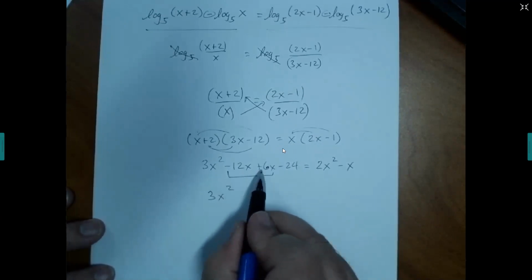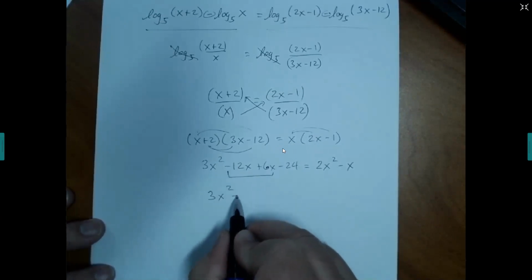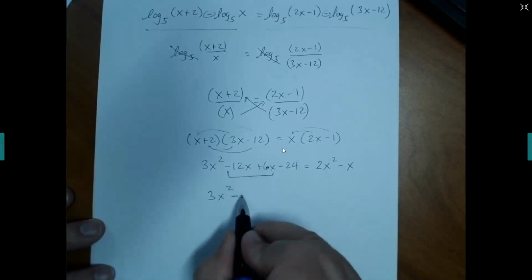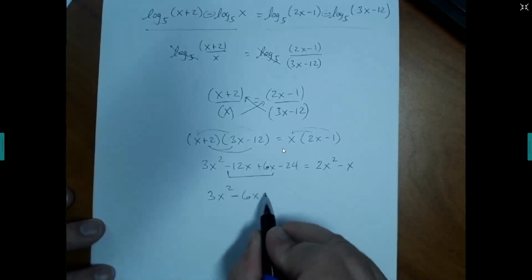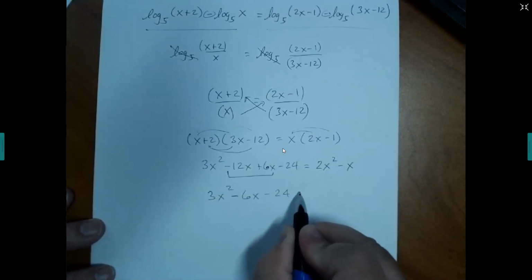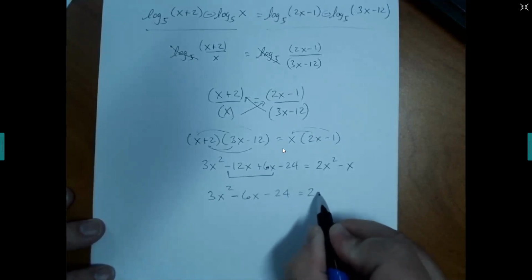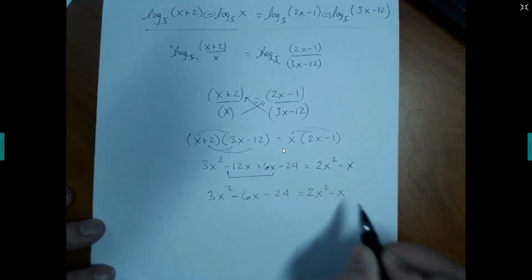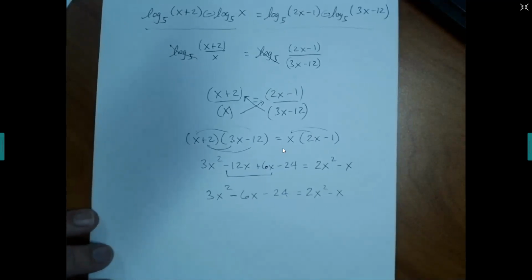So we have negative 12x plus 6x. Since 12 is bigger, we're subtracting: 12 minus 6 is 6x, so it's negative 6x minus 24 equals 2x squared minus x. It's quadratic, so we have to get it equal to 0.